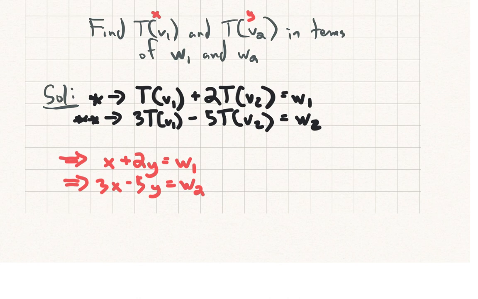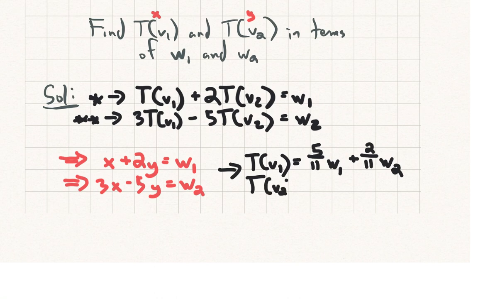However you do it, you should find that T(V1), which is like our x, equals 5/11 W1 plus 2/11 W2, and T(V2), which is like our y, equals 3/11 W1 minus 1/11 W2.